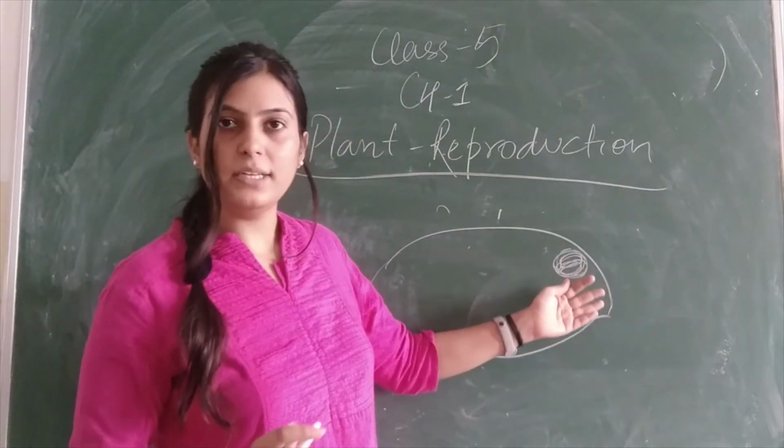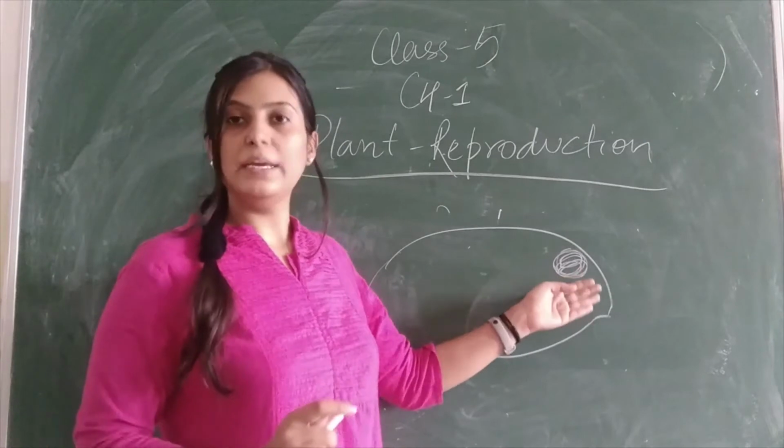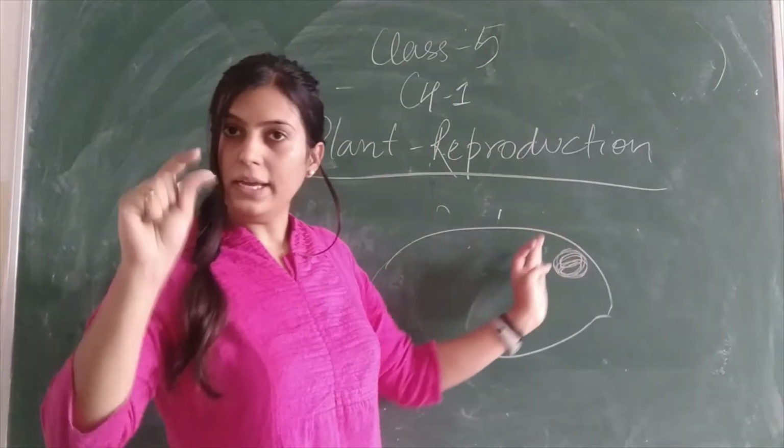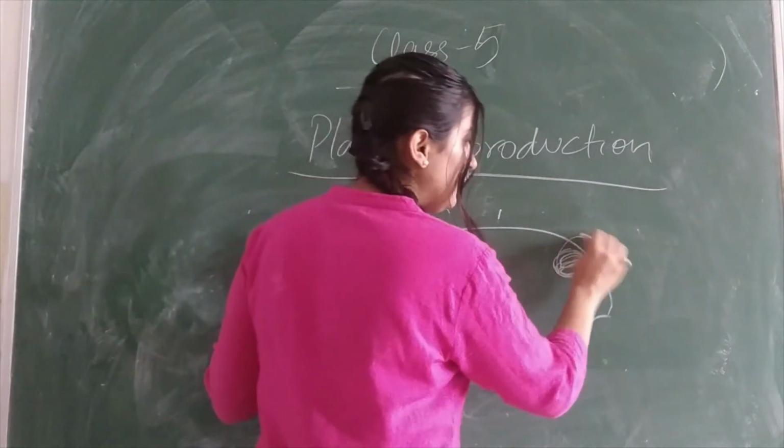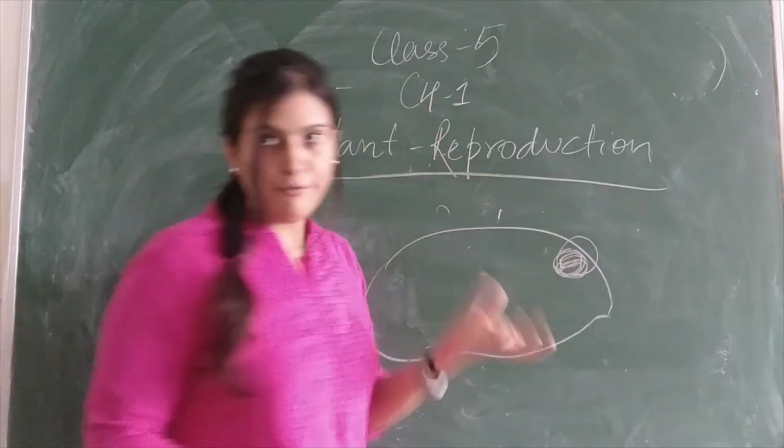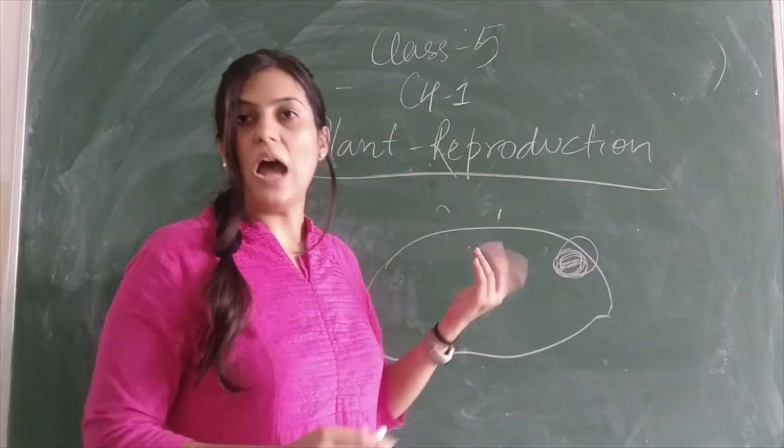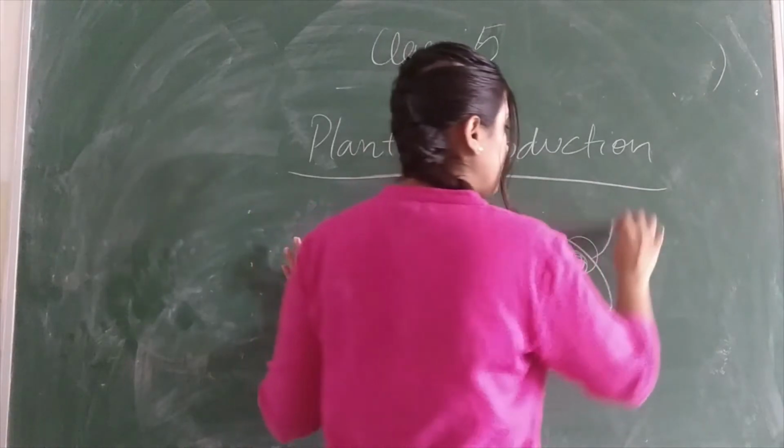This eye will convert into a bud, a green colored bud, out of which a plant will start growing out.